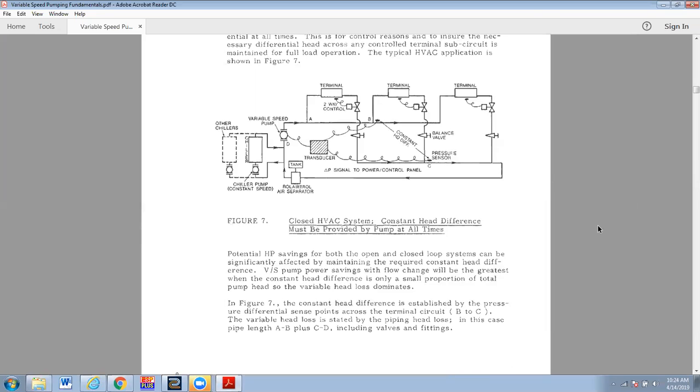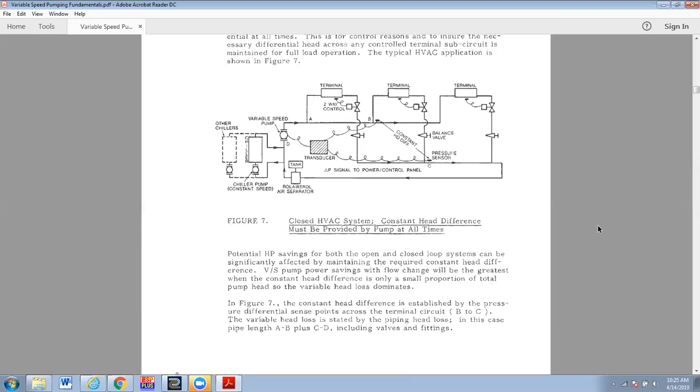Variable speed pump power savings with flow change will be the greatest when the constant head difference is only a small proportion of the total head. So the variable head loss dominates. In other words, if we have 0 static or required constant head, or the smaller it is, the more we can expect to save with variable speed pumping.